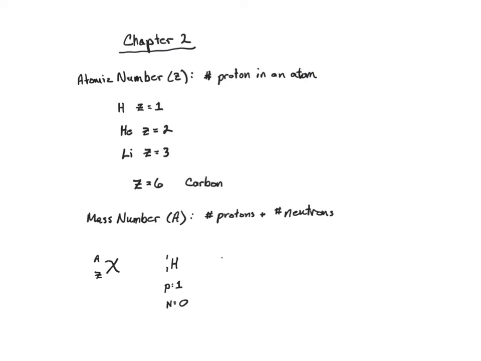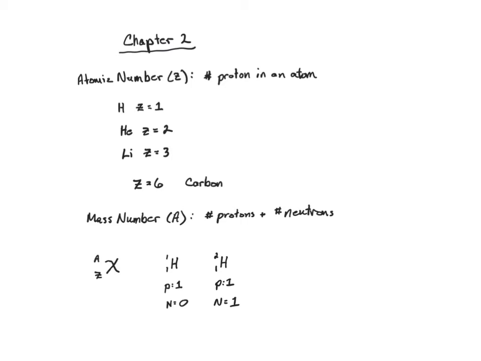There are other hydrogen atoms out there that look like this, where we have, again, 1 proton. And of course, it has to have 1 proton, because if it didn't, it wouldn't be hydrogen. And the number of neutrons would be equal to 1 as well.